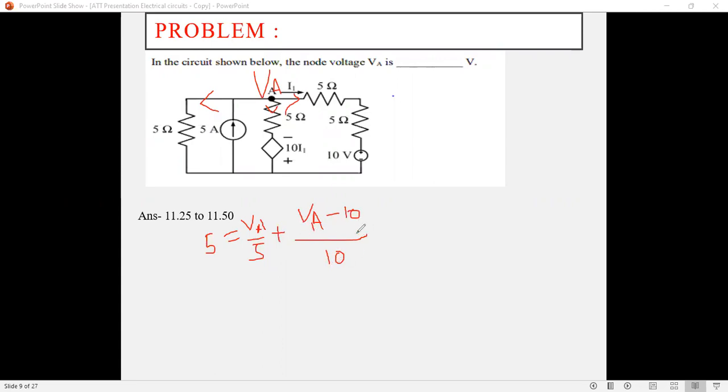VA minus 10 divided by 10, then plus VA, minus into minus, it becomes plus 10 I1 divided by 5.